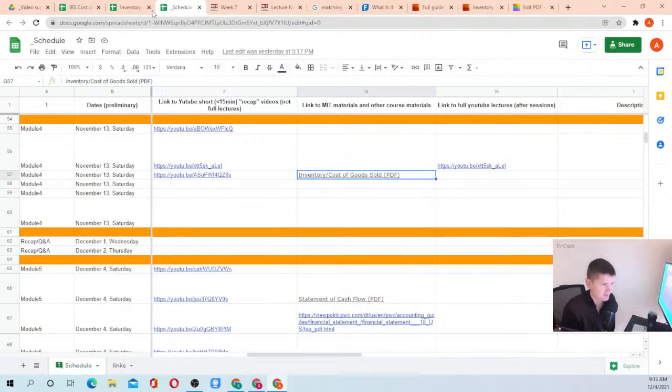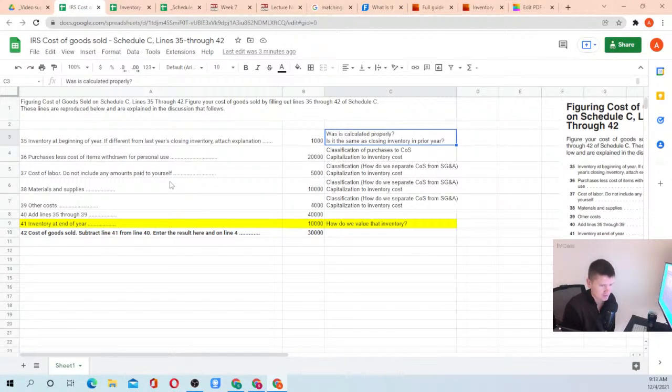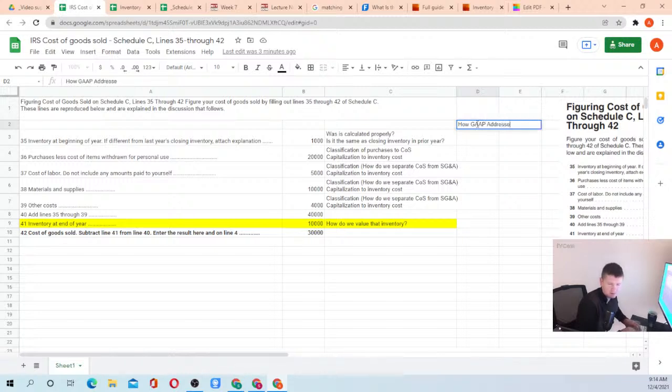So basically, let's go back here. GAAP basically says let's see how GAAP addresses inventory. So use the inventory standard.